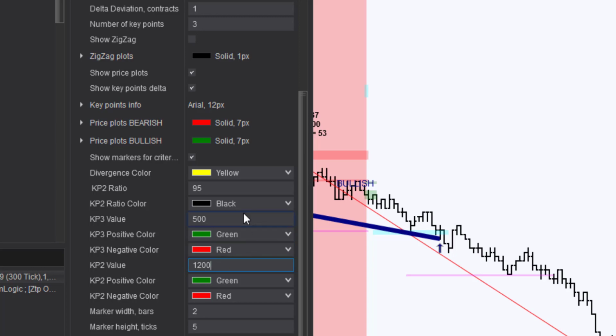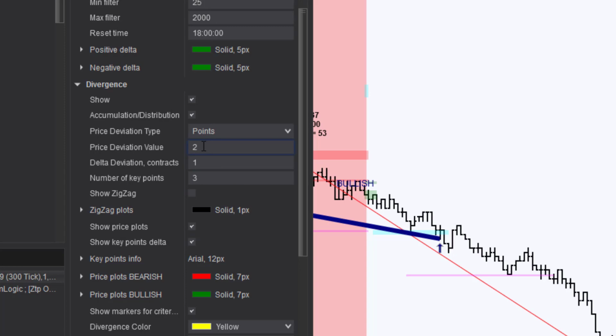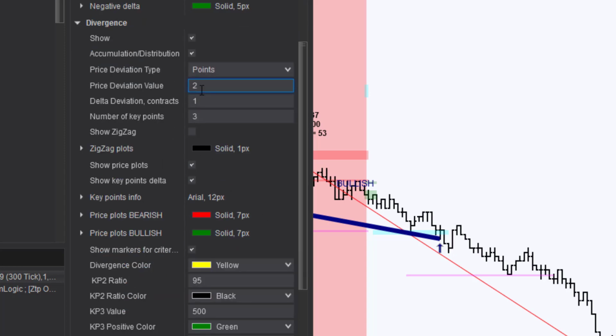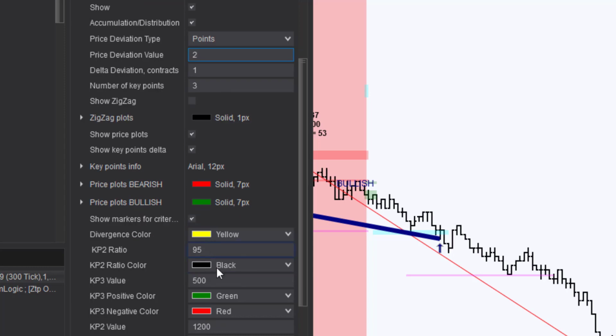You see how I'm proportionally increasing the value of the numbers based upon what the price deviation value is. If you were using a 2.5, you'd put that somewhere in the middle, maybe 625 or 650 for KP3, and maybe around 1400 for the KP2.